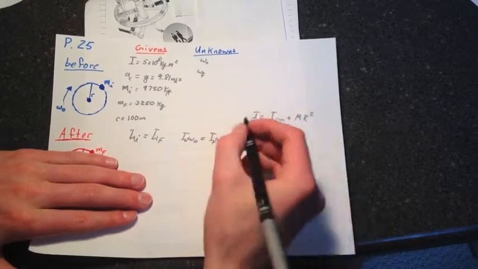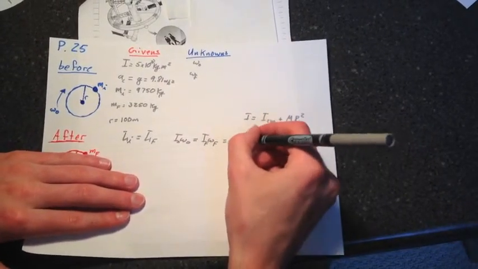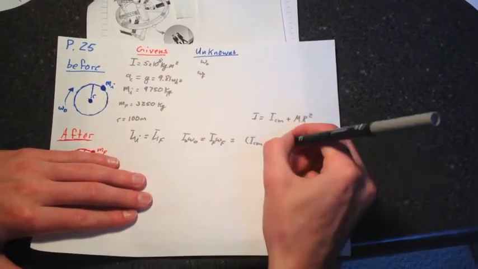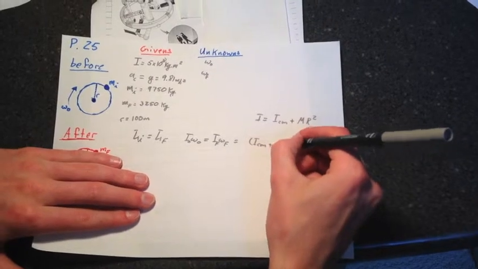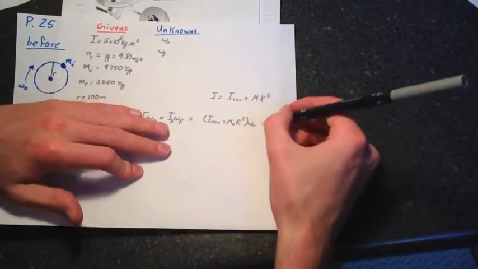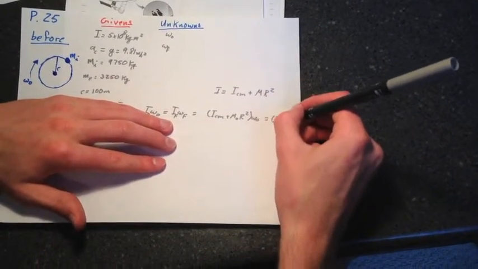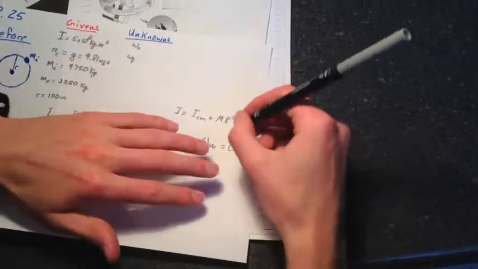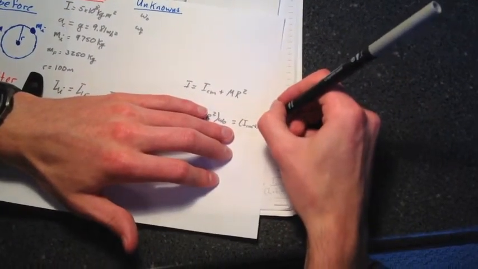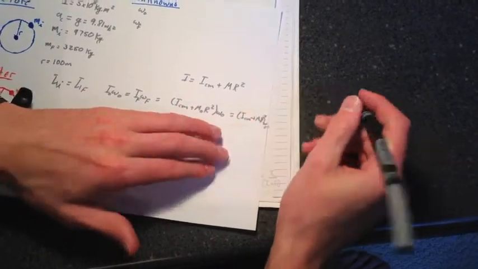So by plugging that in, we get I center mass of the station plus the initial mass times r squared, times omega naught, will be equal to the inertia I center mass plus the mass final times r squared, times omega final.